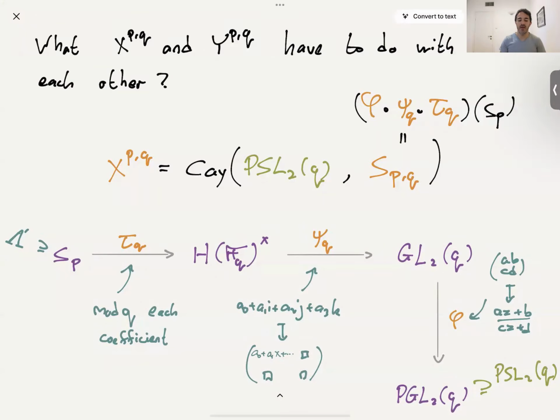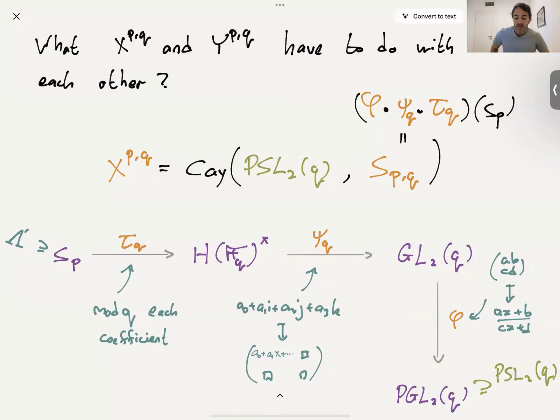Okay, so let's start by reminding ourselves how XPQ was defined in a diagram, and then we are going to add some arrows and vertices to this diagram, forming a commutative diagram in which both XPQ and YPQ appear, and then it will be easier to literally see the relation between XPQ and YPQ.